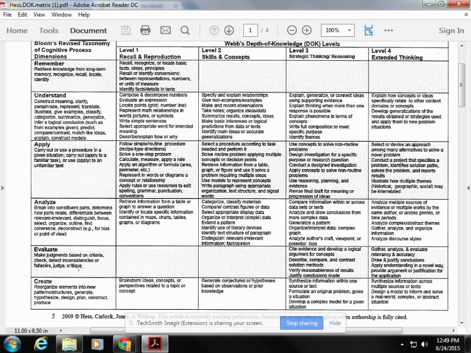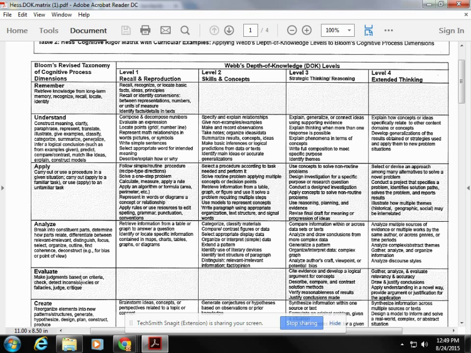Okay. So as you look at this matrix, you will notice that there are examples of depth of knowledge 1 through 4 in many of the Bloom's levels. For example, if I look at Bloom's level for understand here, I can go across the matrix and see understanding can be found in each level of depth of knowledge.